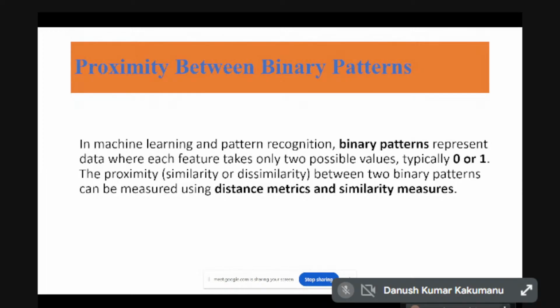You all know the binary values are 0 and 1. When we consider the coordinate points of each object, we consider binary patterns. We find the distance measure, the proximity measure, by considering the binary patterns. Write down: proximity measures for binary patterns.